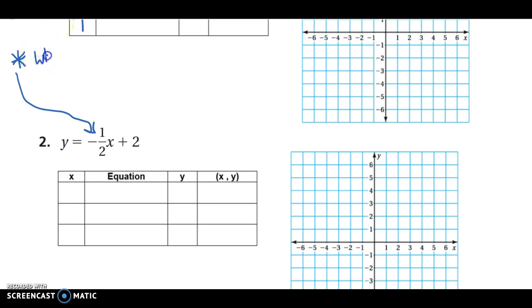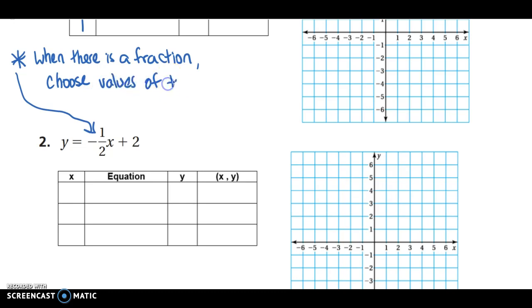So we're going to say when there is a fraction in front of the x, so that's called the coefficient, we are going to choose values that are multiples of the denominator.